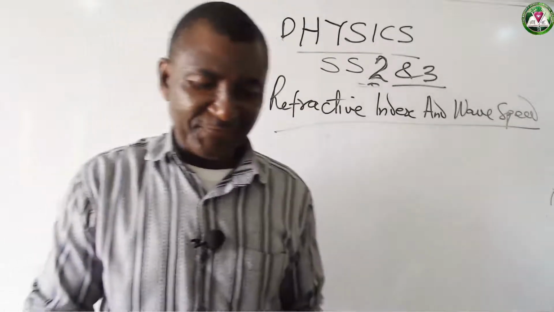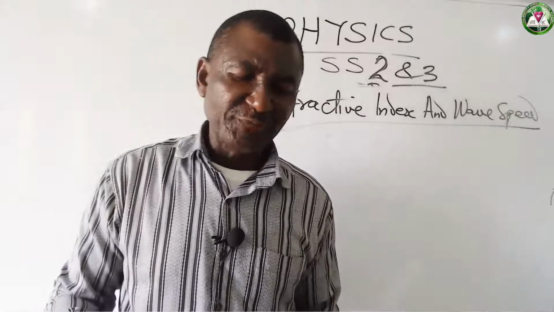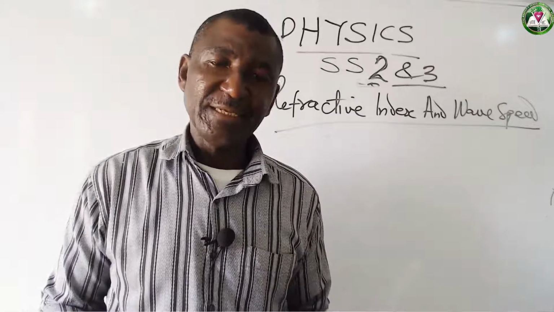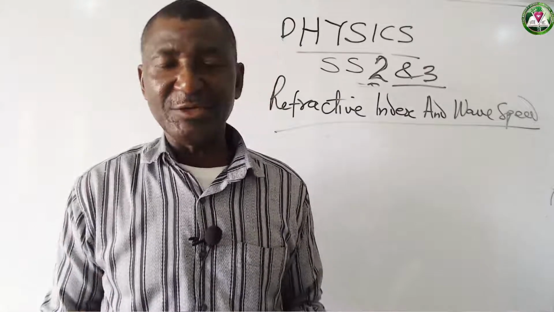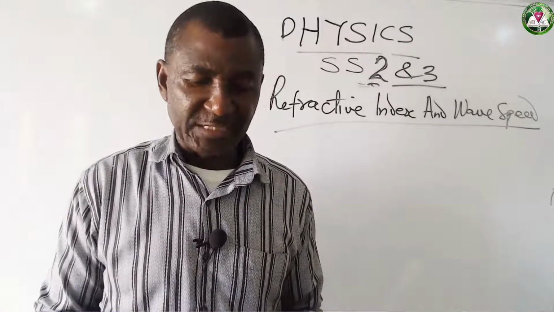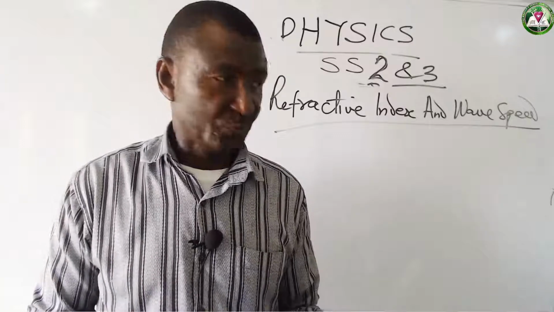The refraction of light, as we said, is a result of difference in the speed of light. You can say velocity or you can say speed. So refraction of light is due to difference in the speed of light as light travels from one medium to the other.